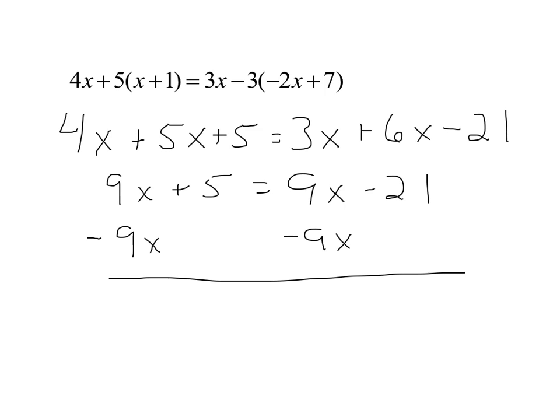And then what I get left is this weird looking thing, 5 equals negative 21. But we all know 5 does not equal negative 21. That means there's a problem with the equation I set up in the first place. There is no value for x that's going to make that equation true. So we say this equation has no solution.